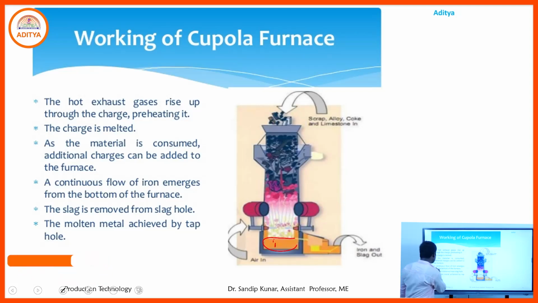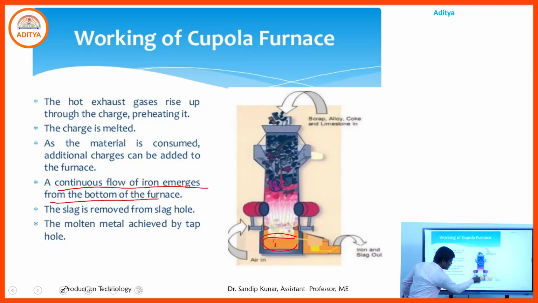A continuous flow of iron emerges from the bottom of the furnace. After melting, the metal scrap is converted into molten metal, comes to the oil zone, and from there we take the molten metal through the tapping hole.